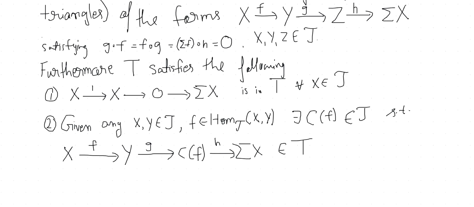So these are pre-triangles, and we say that all the trivial pre-triangles are in T. And this is the second one, that any morphism can be completed to a triangle. And this is actually unique, but it has to be seen later.